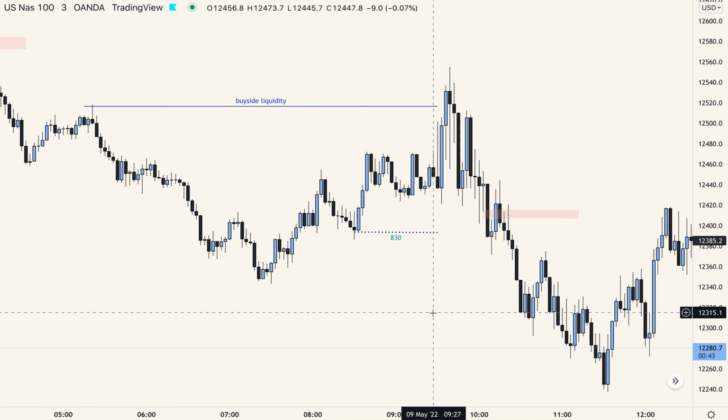I also want to note that, during the openings, price likes to trade in the opposite direction that it intends to go.